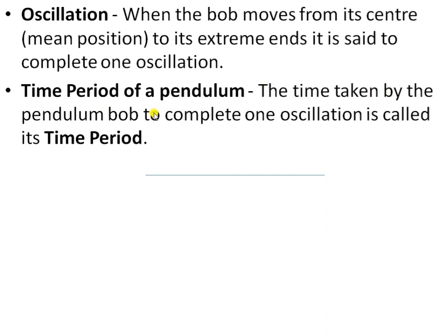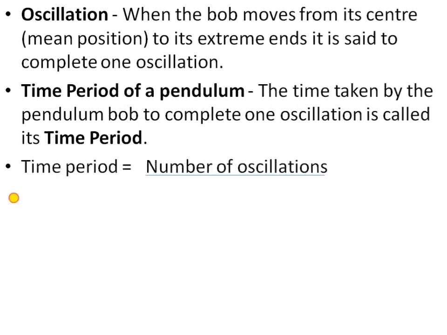The time taken by the pendulum bob to complete one oscillation is called the time period of the pendulum, and this time period depends on the length of the thread it is suspended from that fixed point. To find the time period, the formula is the time taken divided by the number of oscillations.